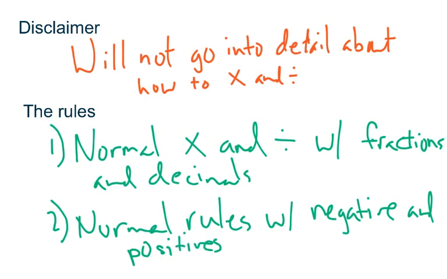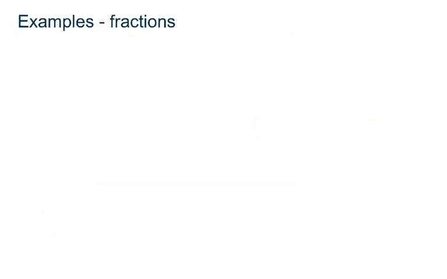And all we're doing in adding and subtracting or multiplying and dividing rational numbers is combining it all together. So applying the appropriate multiplication and division rules with signs being taken into consideration, whether it's going to be positive or negative. So let's walk through some examples and see what happens.